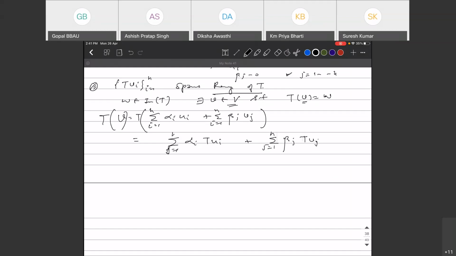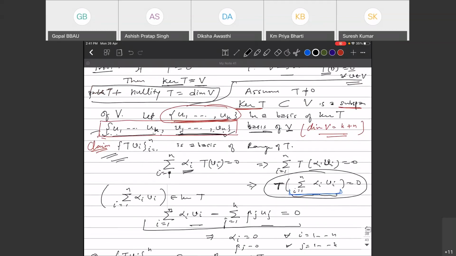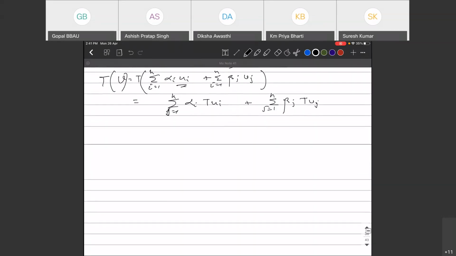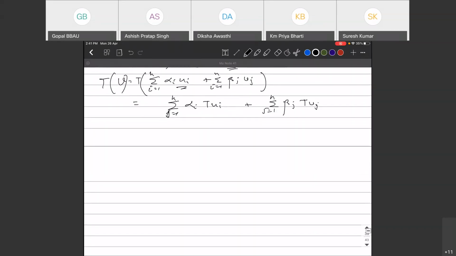So these U I are a basis of the kernel of T. These are vectors from the kernel of T. So what is T U I then? Vectors from the kernel of T imply T U I is 0.